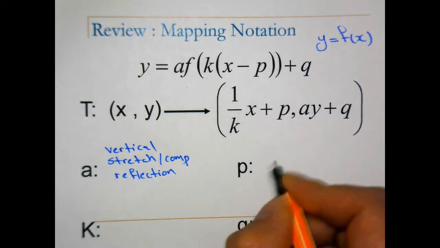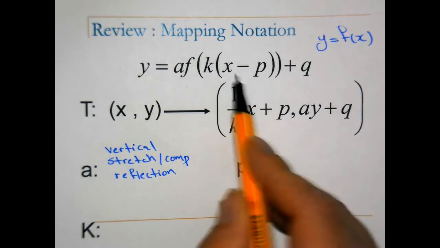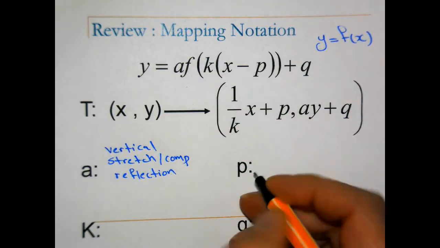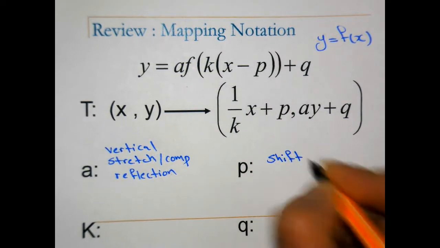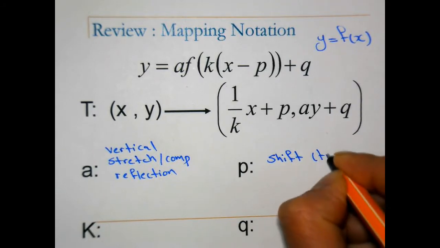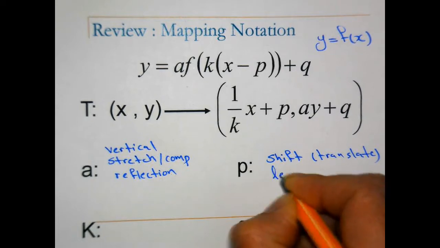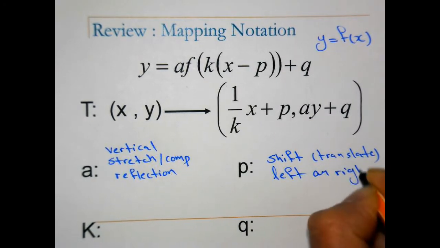Our p value was the value that, if you remember, we would always look at the opposite of what we would see here. That was the shift or translation left or right, depending on the value of p.